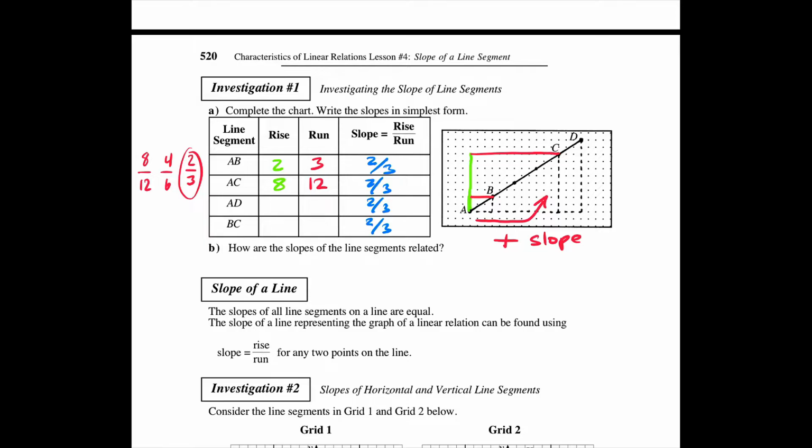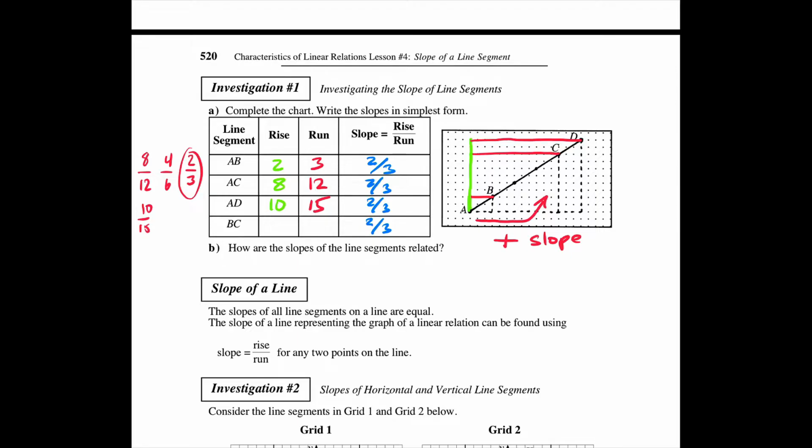And what about AD? Well, again, now it's going up here to that point, which happens to be up 10, and then it's moving over to the right, and that's going to be 1, 2, 3, 15. So if we look at the math again, we're starting with 10 over 15.